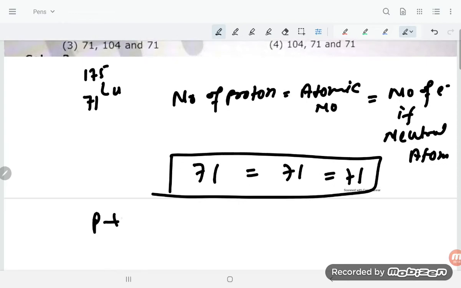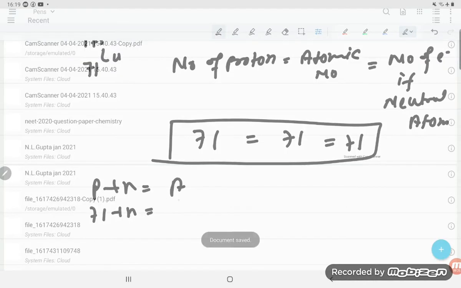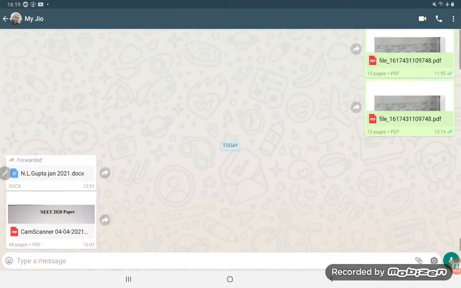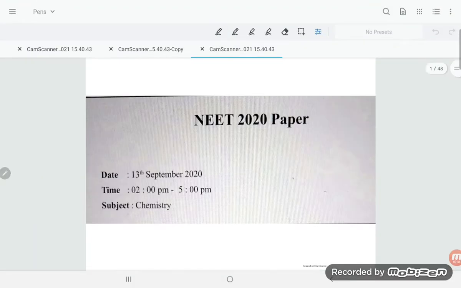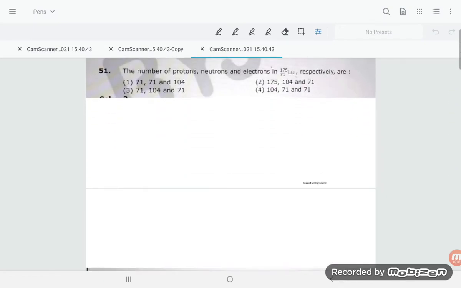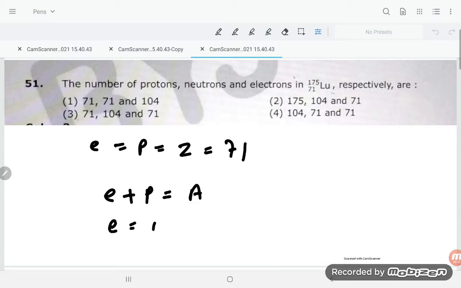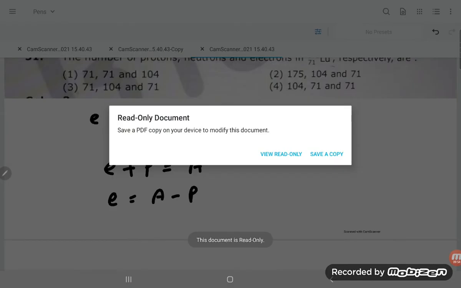Neutron: P plus N is equal to A, the atomic mass. So proton is 71 plus neutron equals atomic mass. How much is there, student? Atomic mass 175. Sorry students, let us wait. This was question number 51. So electron equals proton equals Z equals 71, and here we have P plus N equal to A. So we got N is equal to A minus P. A is already there, students.